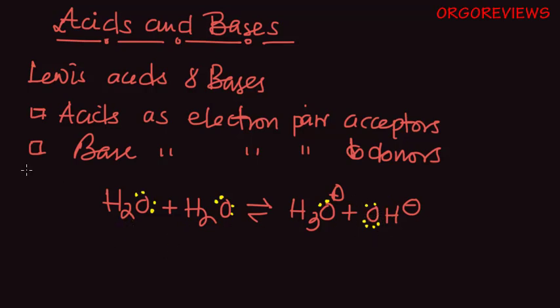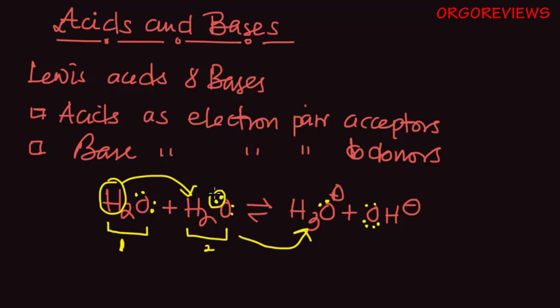If you follow what is going on, this water was able to accept a lone pair donated by that water. So we have water 1 and water 2. Water 1 was able to give one of its hydrogens to water 2, and when that happened, it produced the hydronium ion.